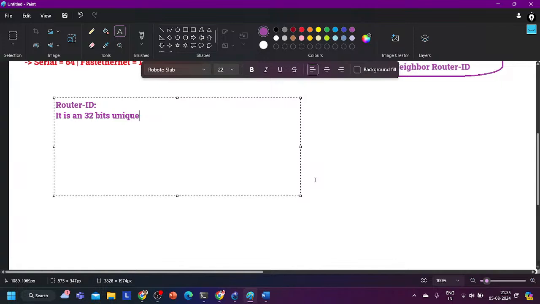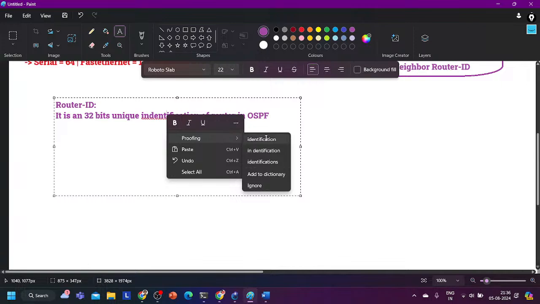So it is a 32-bit unique identification of a router in OSPF.